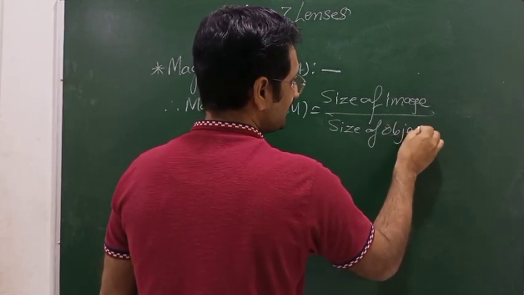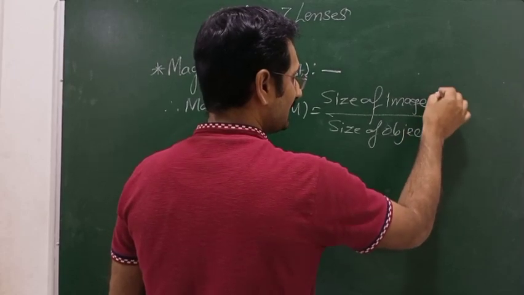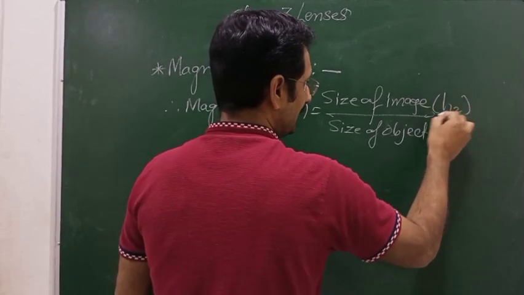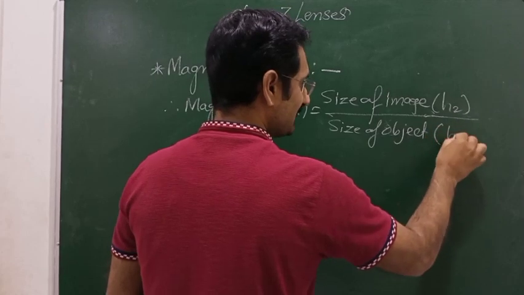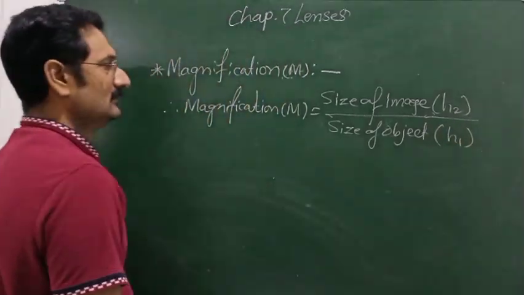Here the size of image is taken as h2 and the size of object is taken as h1.